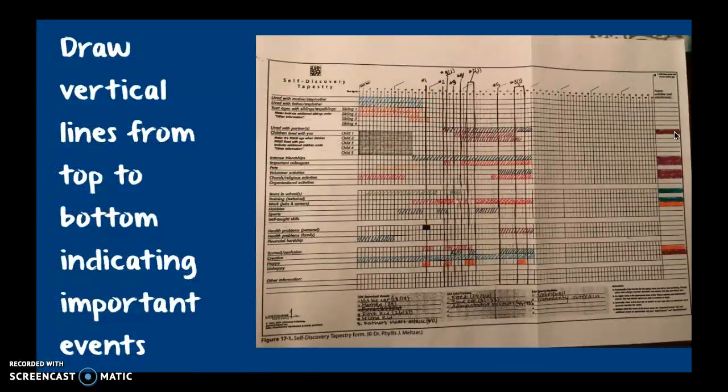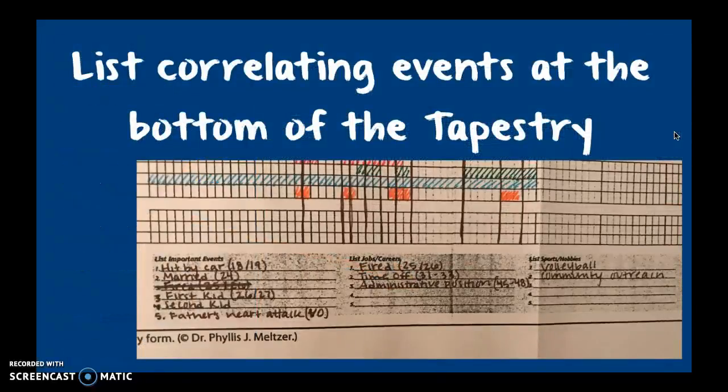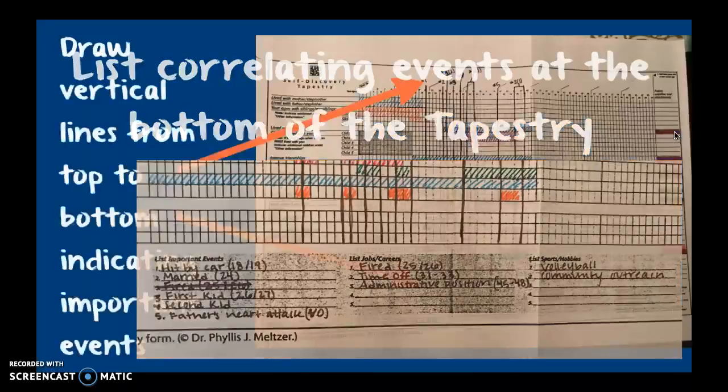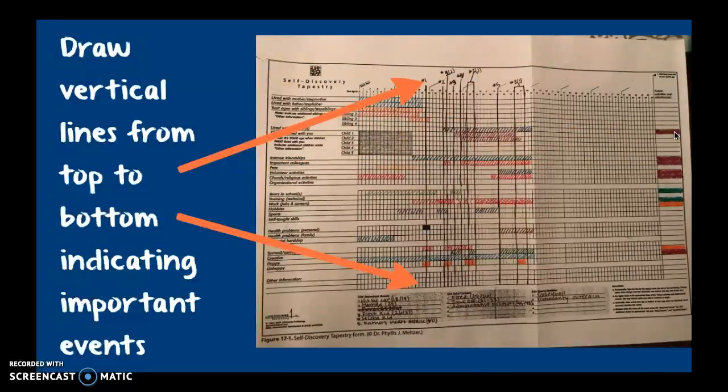One of the final steps is that you're going to draw vertical lines from the top to the bottom indicating important events. And those will be listed at the bottom of your tapestry. So you'll have a correlating number with the lines that you draw. So this woman was hit by a car at the age of 18, and so there's a line that is drawn from the top to the bottom at age 18.